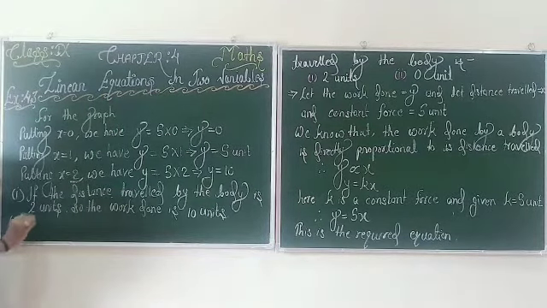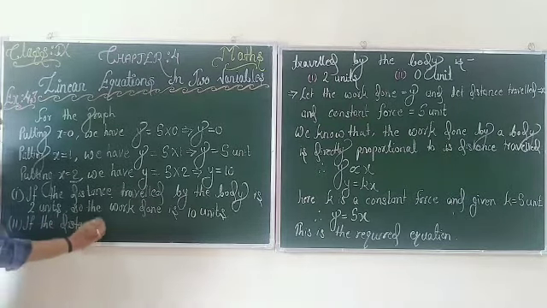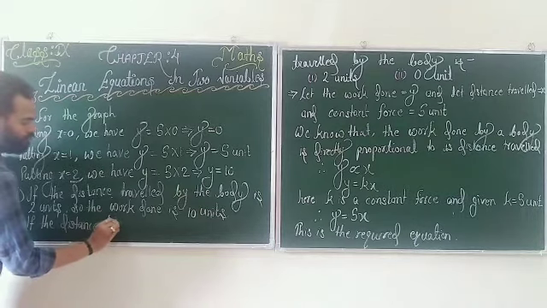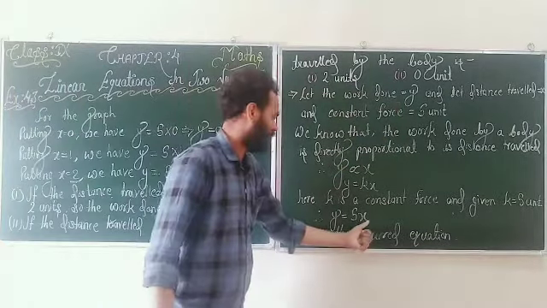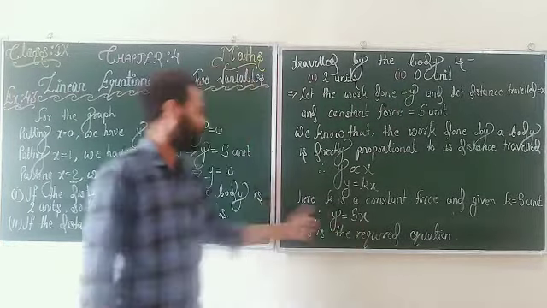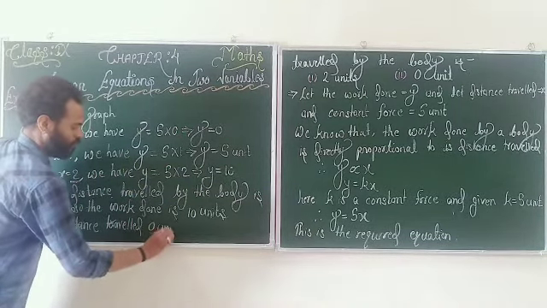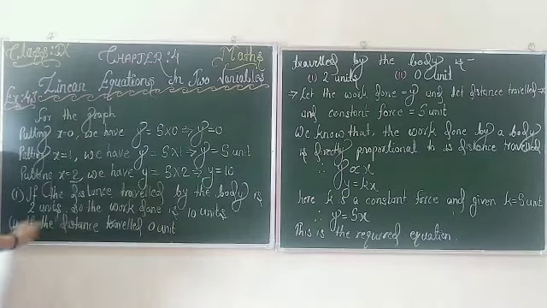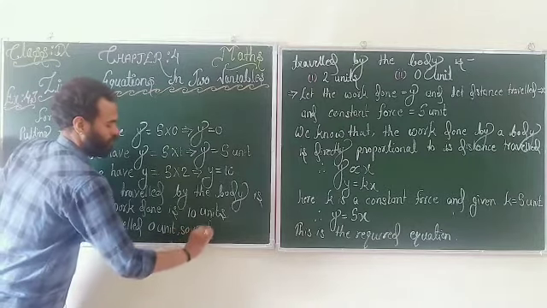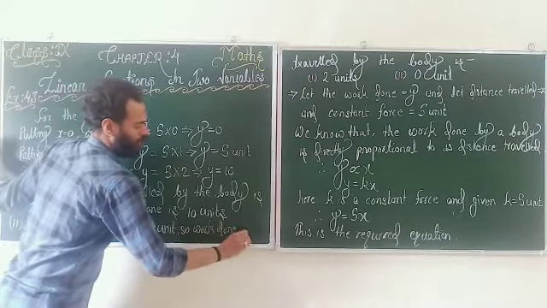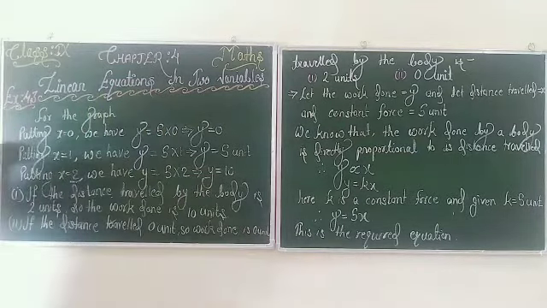And if the distance traveled is 0 unit, we took x as the distance traveled, so if the value of x is 0, then y also becomes 0. If the distance traveled by the body is 0 unit, the work done is 0 unit.